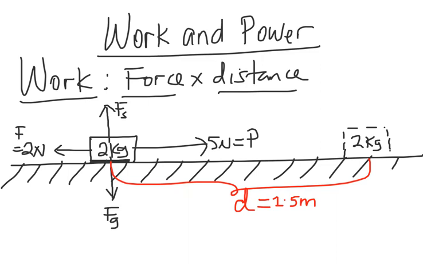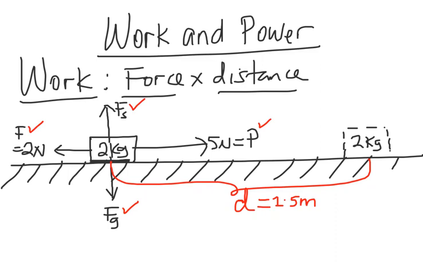Usually when we talk about work done, we must specify the force. Here we have to ask what is the work done by the pulling force? What is the work done by gravitational pull? What is the work done by the support force? And what is the work done by the frictional force? It is very important to specify the force.